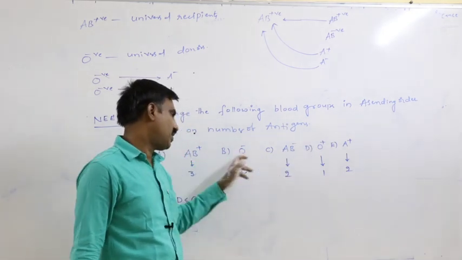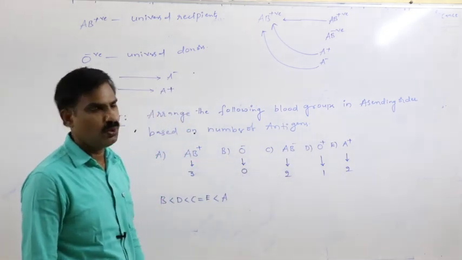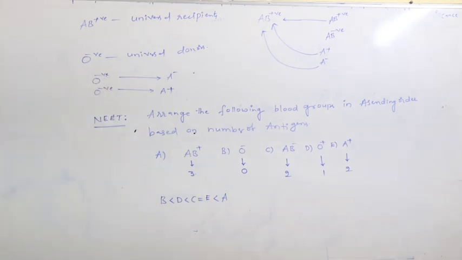In O positive there is 1, in O negative that is 0. So this is the Rh factor.